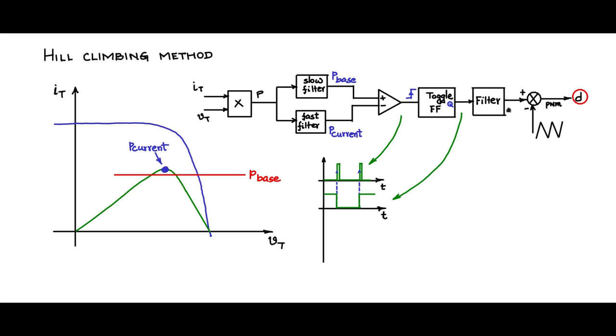And what about the output of the filter? So this waveform gets filtered. Let me draw that. I'm going to repeat that waveform here, and this is the filtered version of it. You will see that the output of the filter rises up to 1, then falls down to 0, and then again rises up to 1, and so on.